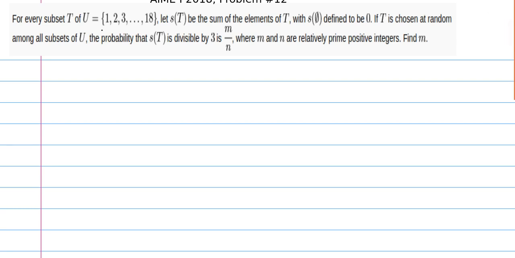If T is chosen at random among all subsets of U, the probability that S of T is divisible by 3. That's basically just what we want to compute. Right, I'm just underlining the key points.